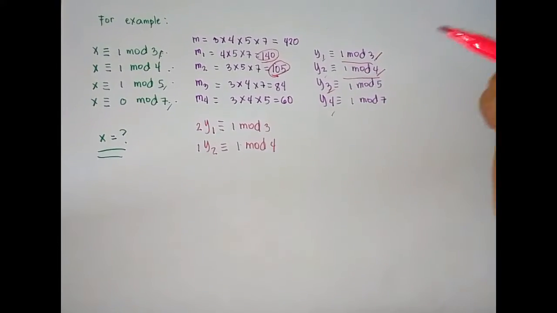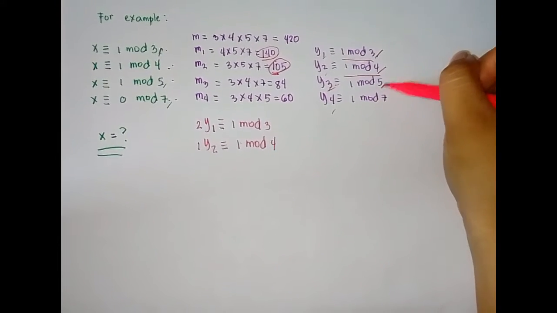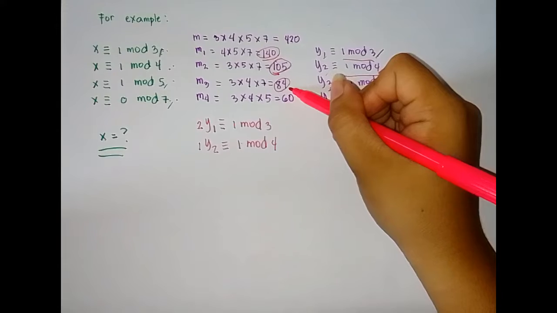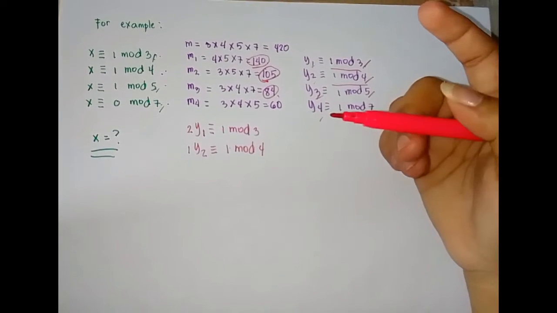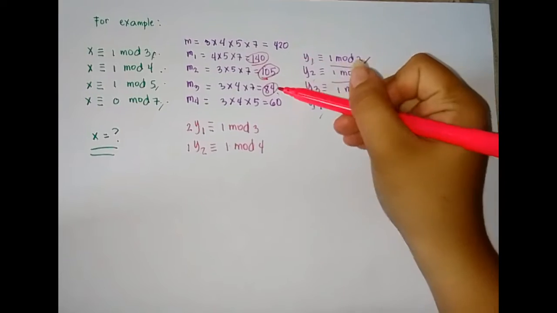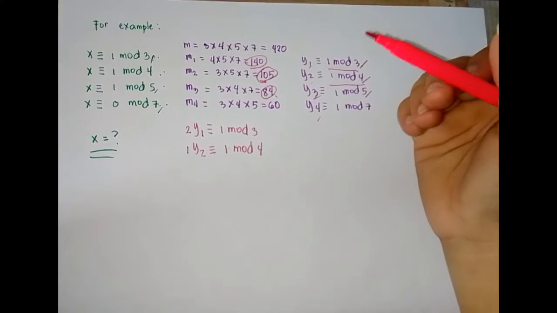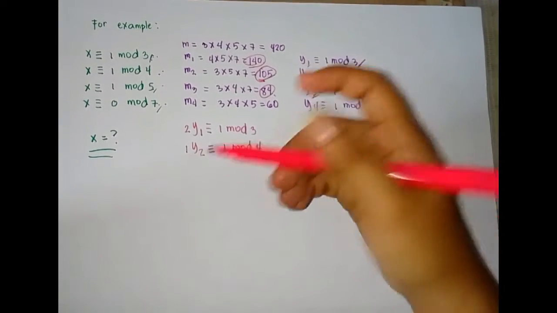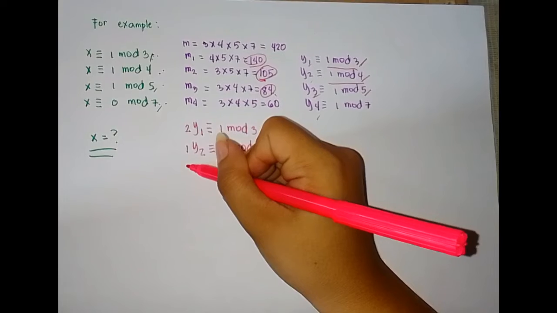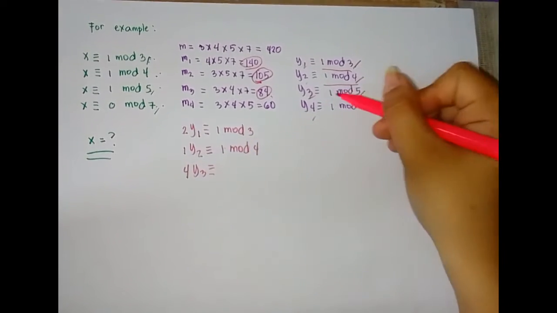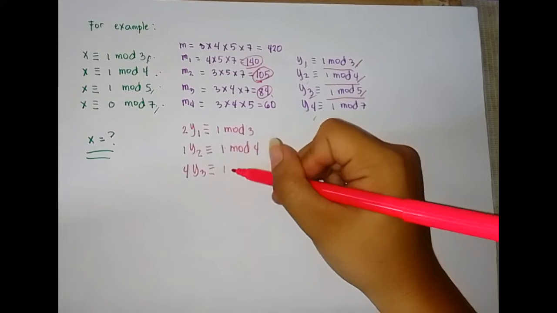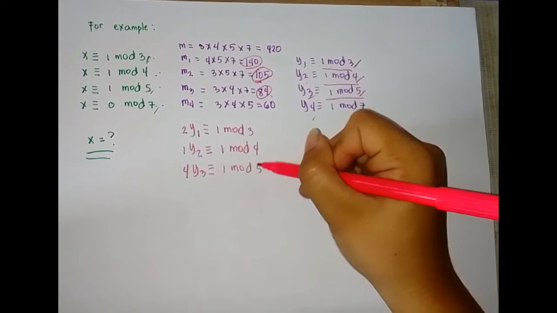For y3, we'll find a number divisible by 5 but less than 84. We can have 16 because 16 times 5 is 80. So 84 minus 80 is 4. We put 4y3 is equivalent to 1 mod 5.